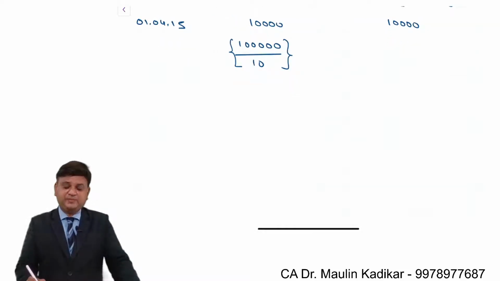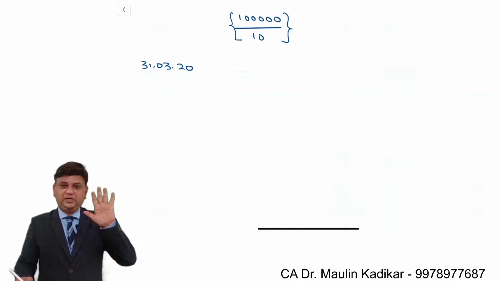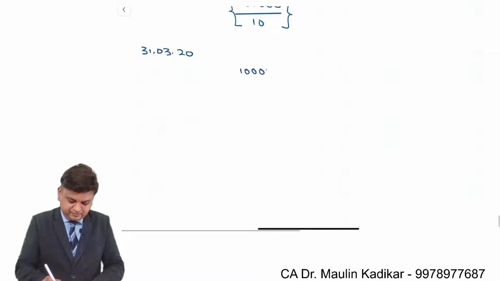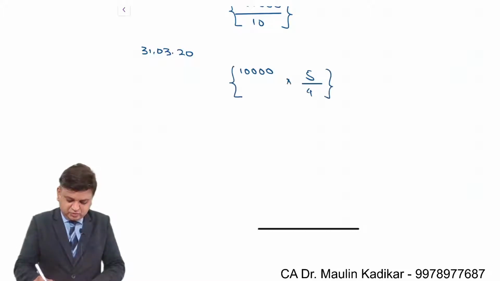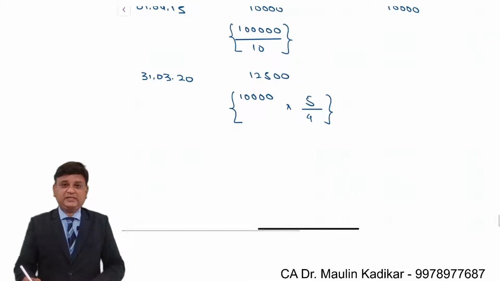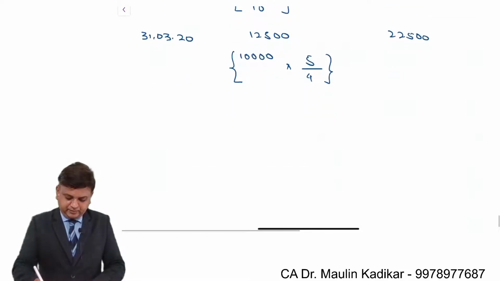Next is 31st of March 2020. 5 units for every 4 held. So it is 10,000 into 5 upon 4. So it comes to 12,500 units. So balance increases to 22,500. That is 10,000 plus 12,500.